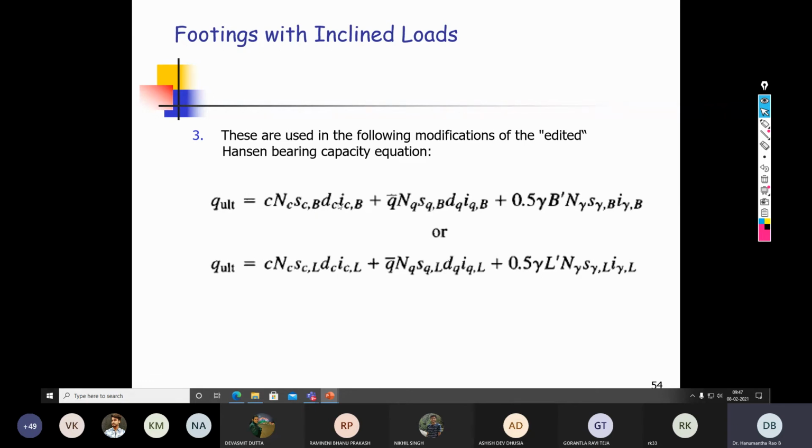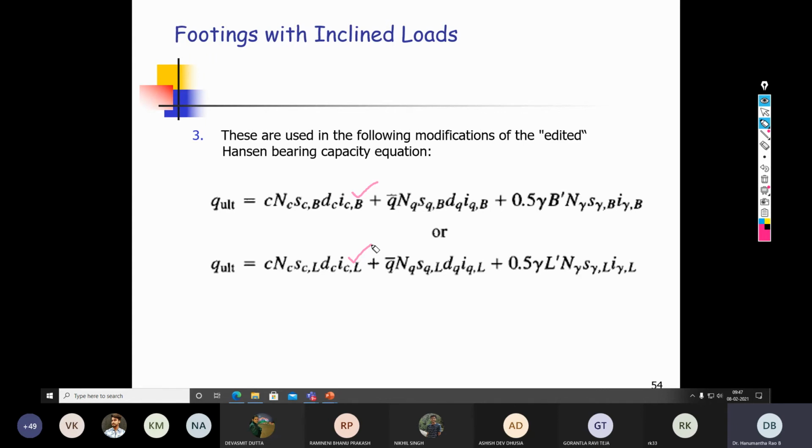So this is with respect to length. Again, when we talk about the inclination, is the inclination with respect to length or with respect to width? So here with respect to width, here with respect to length. Therefore, you need to calculate both of these if it is given.